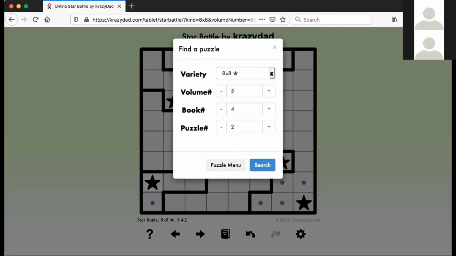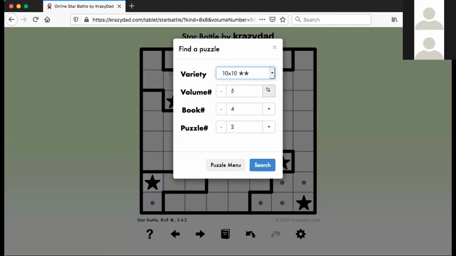Okay, I'm going to jump ahead. So if you click on this little booklet thing down here, you get choices. And Dave actually posted one on the Math Circle website that's 10 by 10.